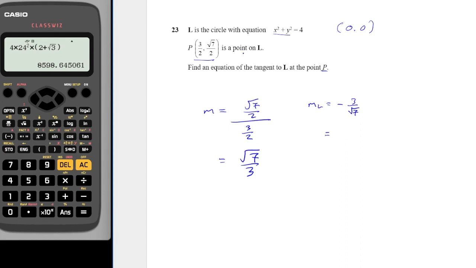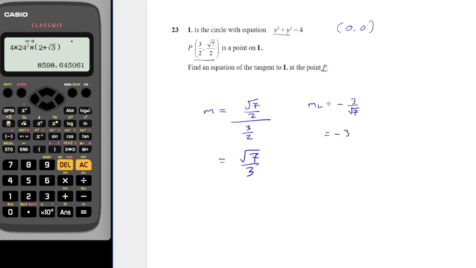So I'm going to alter that straight away, just rationalise the denominator, minus 3 root 7 over... no, we'll leave it as it is for now. No, I'm going to rationalise it, sorry.